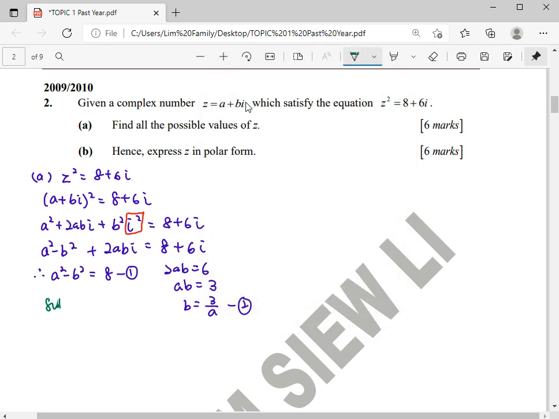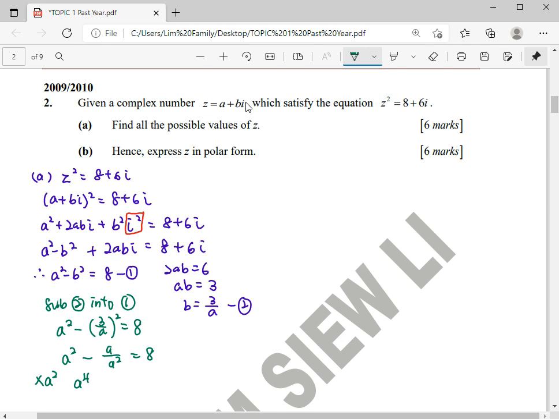Dengan substitutekan 2 into 1, so that we can hilangkan nilai b itu. b is diganti dengan 3 per a, sama dengan 8. Okay, kita kembang inilah. a square tolak 9 per a square sama dengan 8. Ada penyebut tak mahu, so kita darab lagi a square.